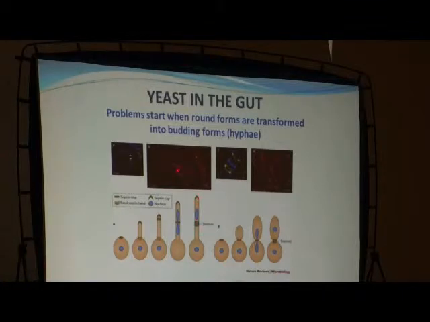And so this is a real hyphae right around here. And these are the forms which produce toxins, and these are the forms which are invasive, and they can cause quite a few problems. So that's the process which takes place in our gut, and that's what we call intestinal candidiasis, because this is all about candida.